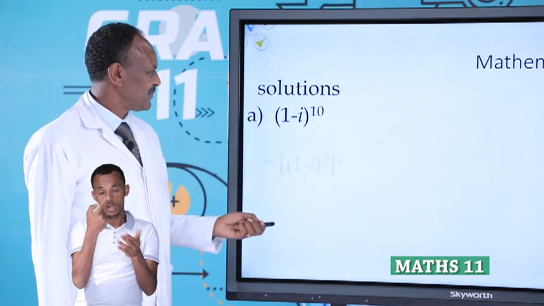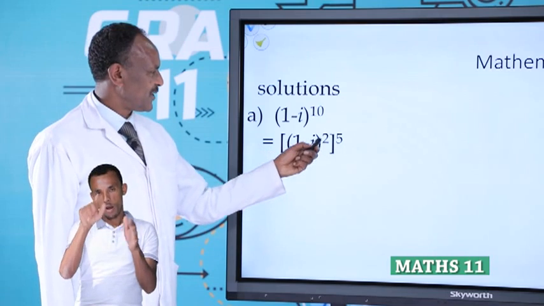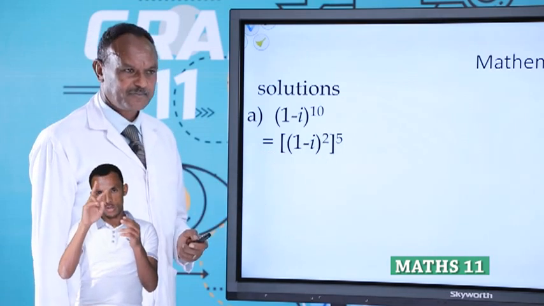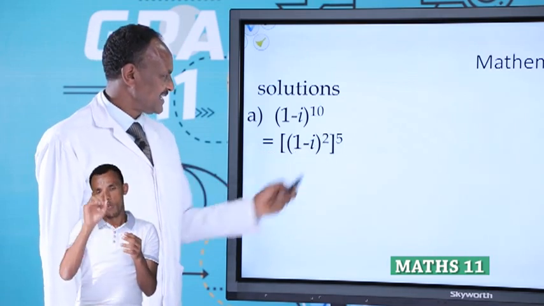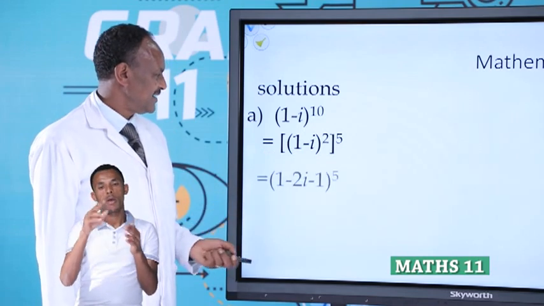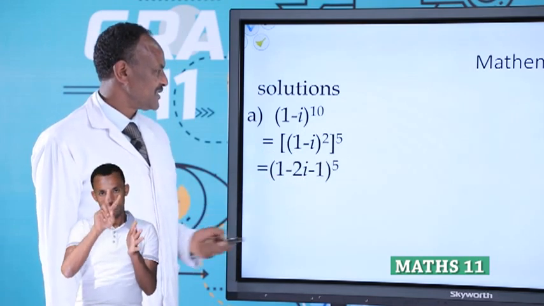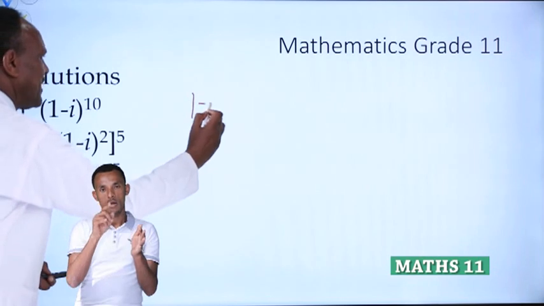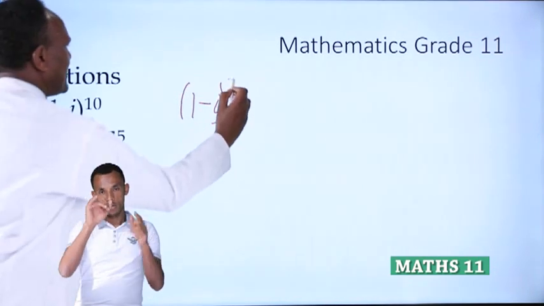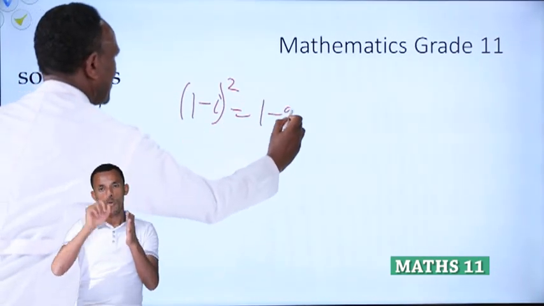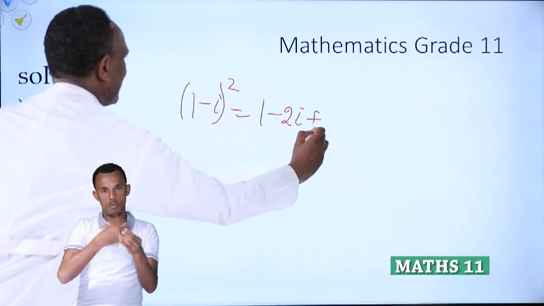By using laws of exponents, it is 1 minus i squared, the whole raised to 5. By expanding, 1 minus i, the whole squared, means 1 minus 2 times i plus i squared.